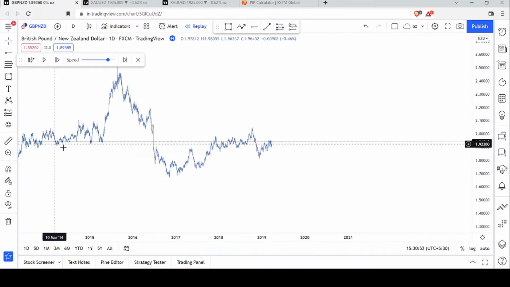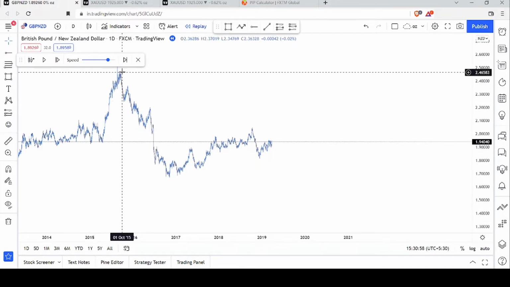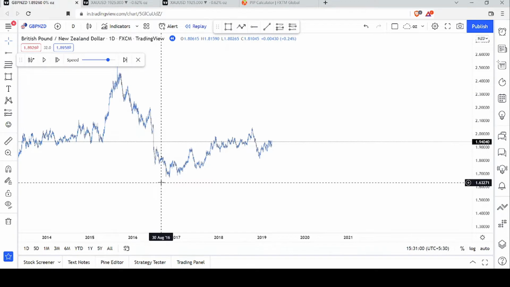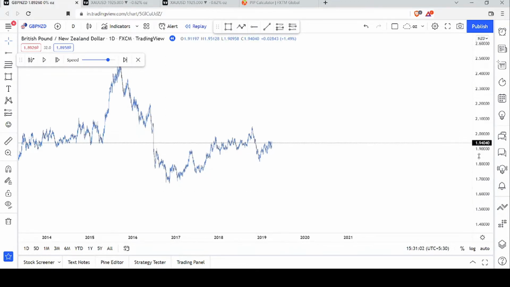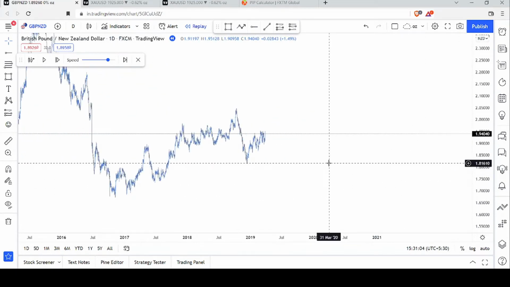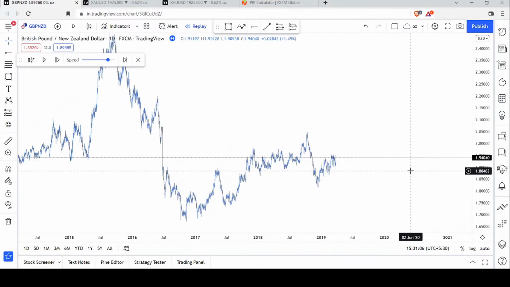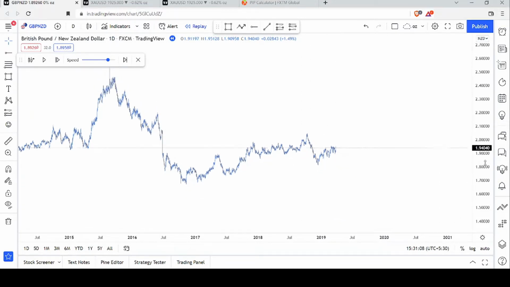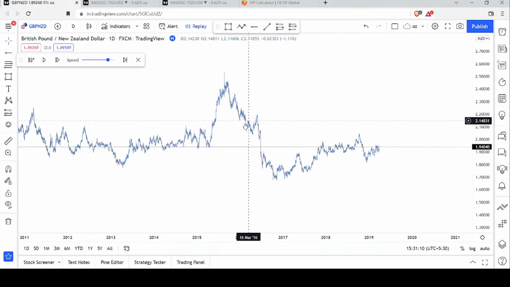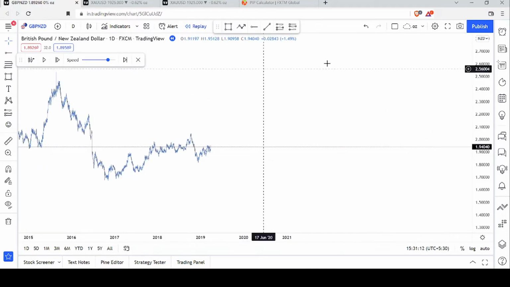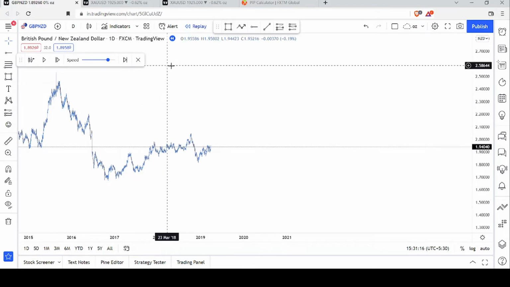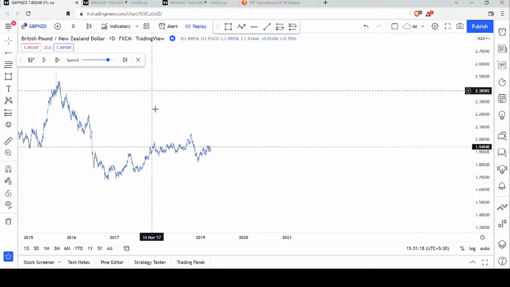We have a break of structure right here, right? I think we won't have enough to play out if we're doing on a daily. So yeah, let's check this one and then we'll move to 1 hour.